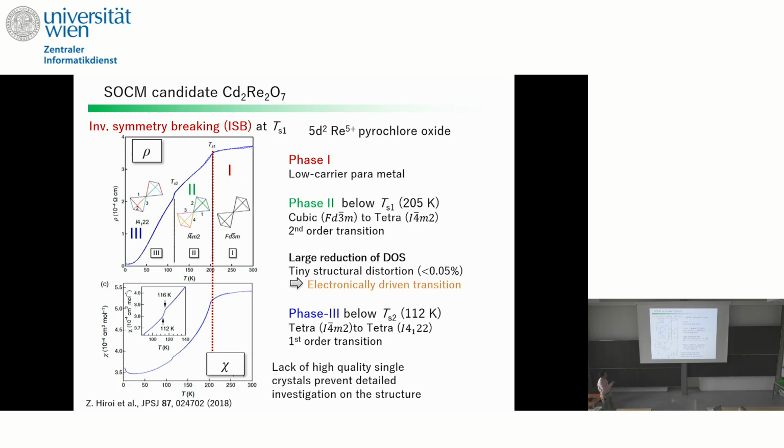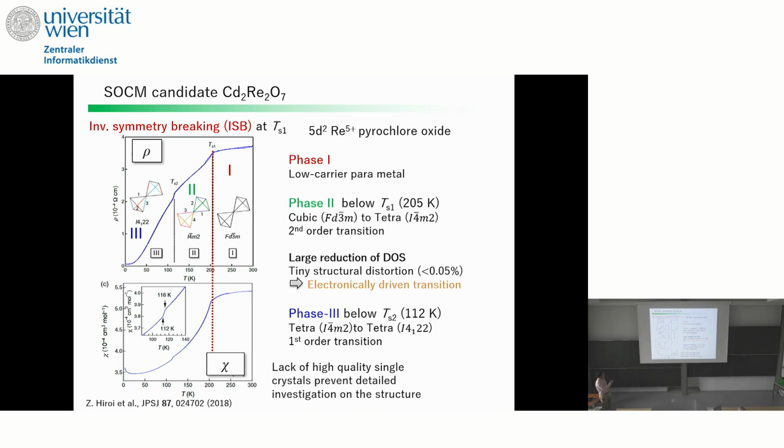This compound is famous for its superconductivity. It is the first superconductor in pyrochlore oxides and was studied intensively 20 or 25 years ago. But it also shows a very interesting structural change.